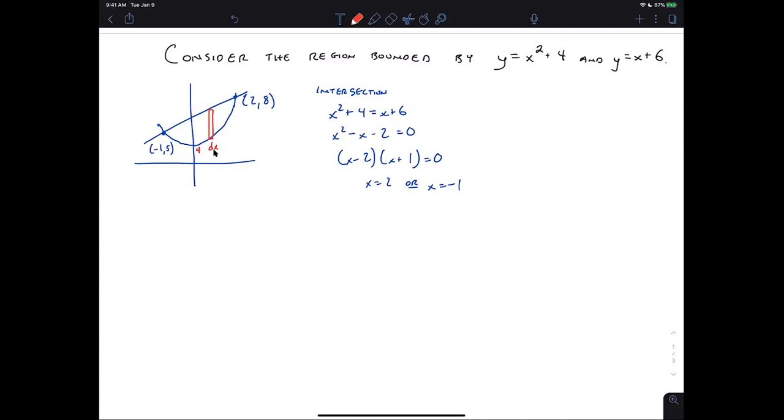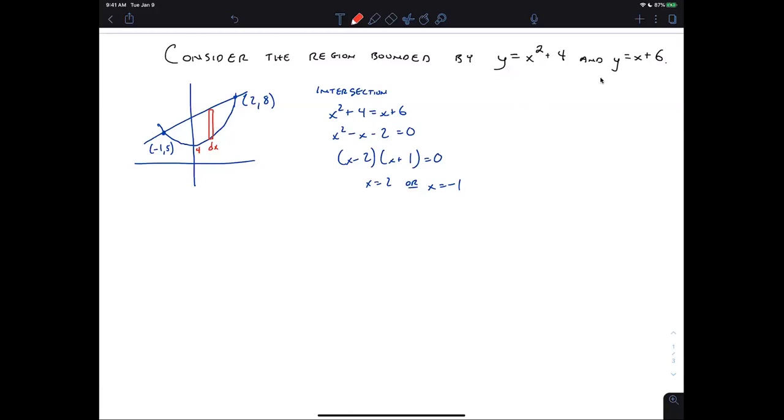Now, a couple things about it when it's dx. On this problem, I've already got everything solved for y, but anytime you're doing a dx problem, you need to solve everything for y. And if you're doing dy, you need to solve everything for x, whether that's what the problem gives you or not. Does that make sense?